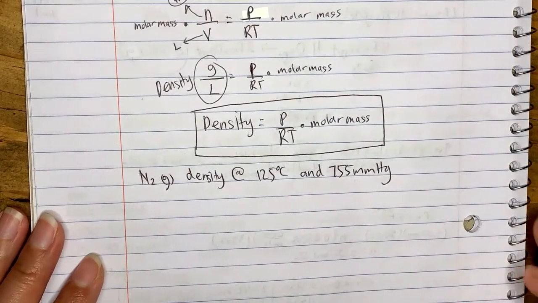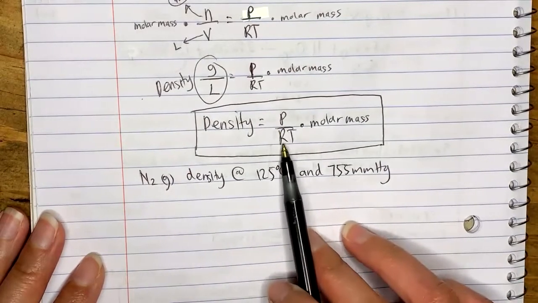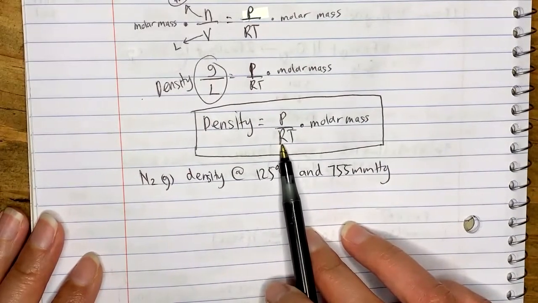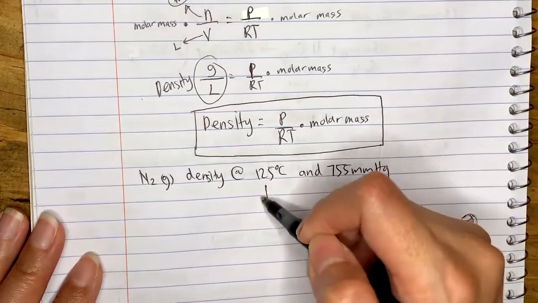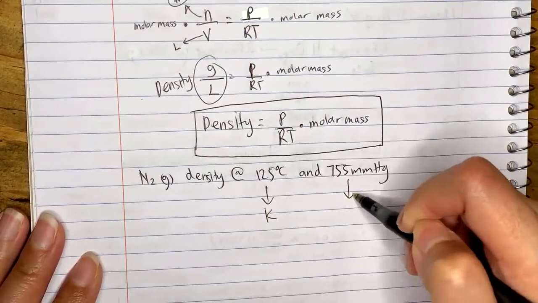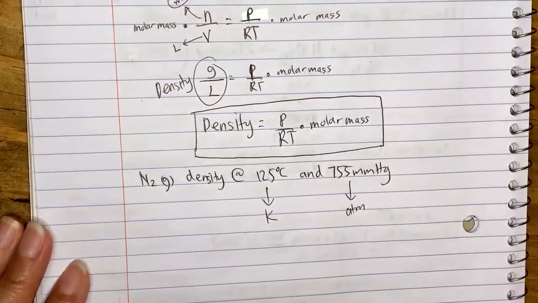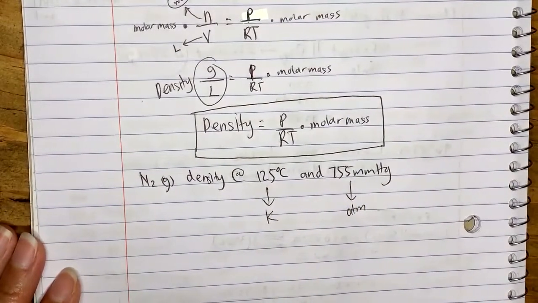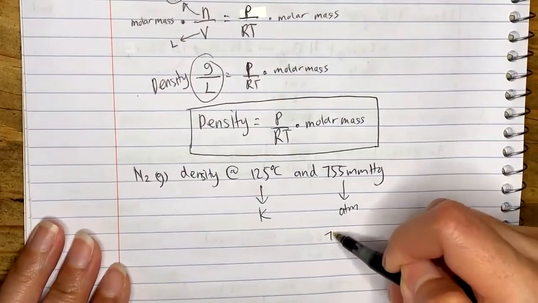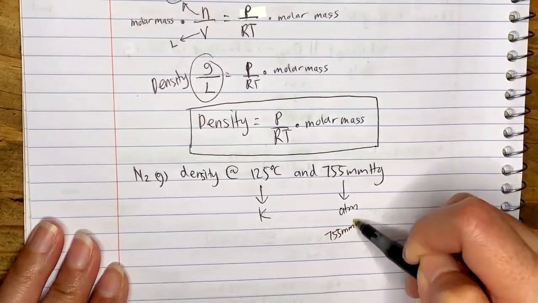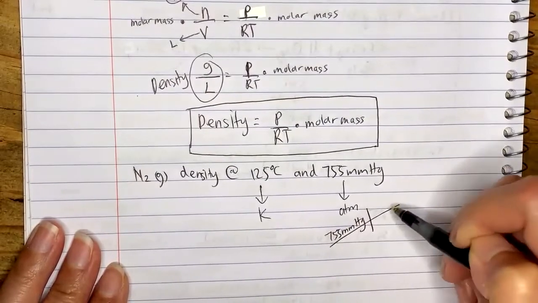When you do this, units here, we have R, and the units for R are liter, ATM, moles, and Kelvin. This has to be changed to Kelvin. This has to be changed to ATM. Always change your units. If you use the wrong units, you're not going to get the right answer. Okay? So we can go ahead and convert these. 755 millimeters mercury, you want to change it to ATM.